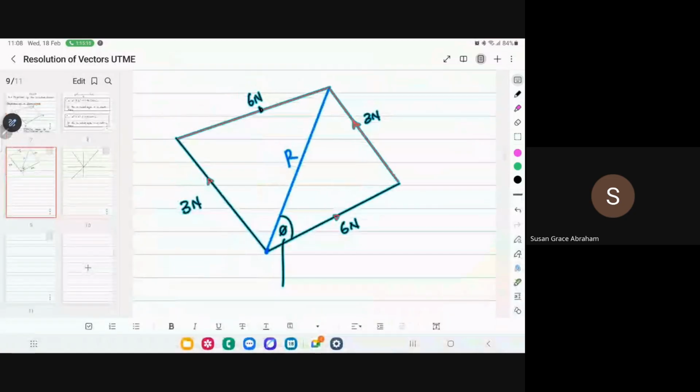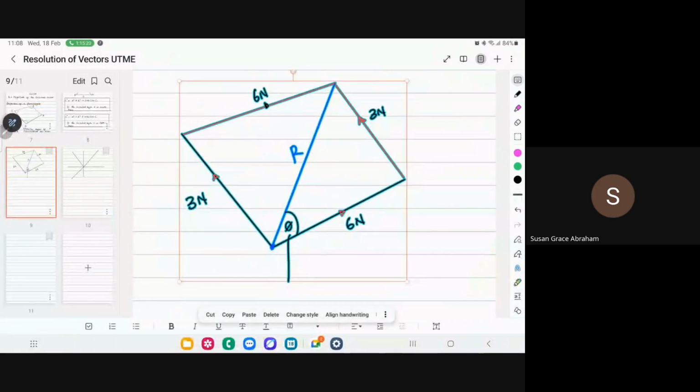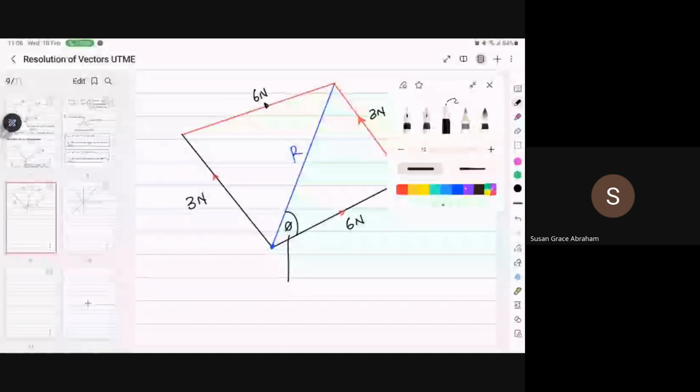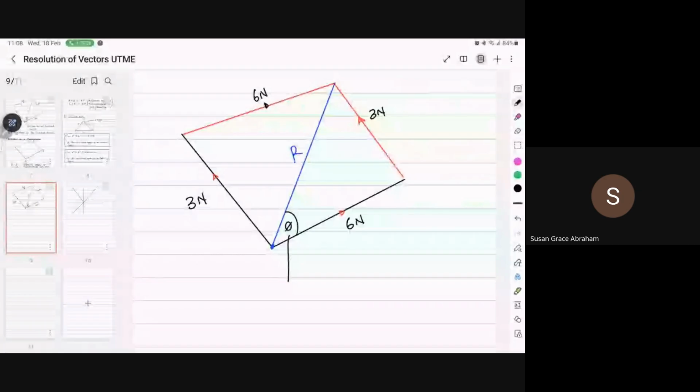Good. So now observe this. This is a parallelogram. Remember that I've explained regarding the angles obtainable from your parallelogram. If you imagine, there's an angle here, and that angle here will be equal to the angle here.